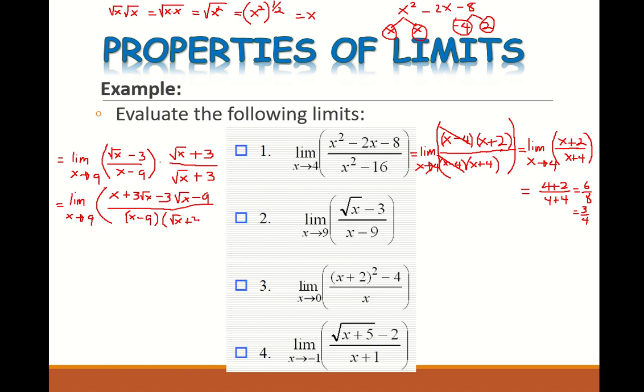If you look at the numerator, class, we can see that we have positive 3 square root of x combined with negative 3 square root of x. So these two become 0, because positive 3 square root of x minus 3 square root of x becomes 0. That makes our numerator x minus 9, right? So this is what is left in the numerator.